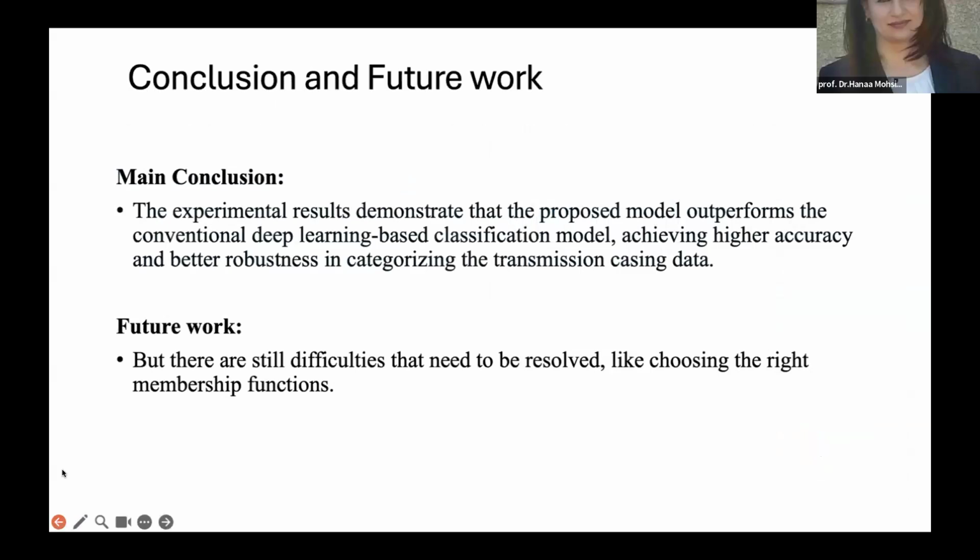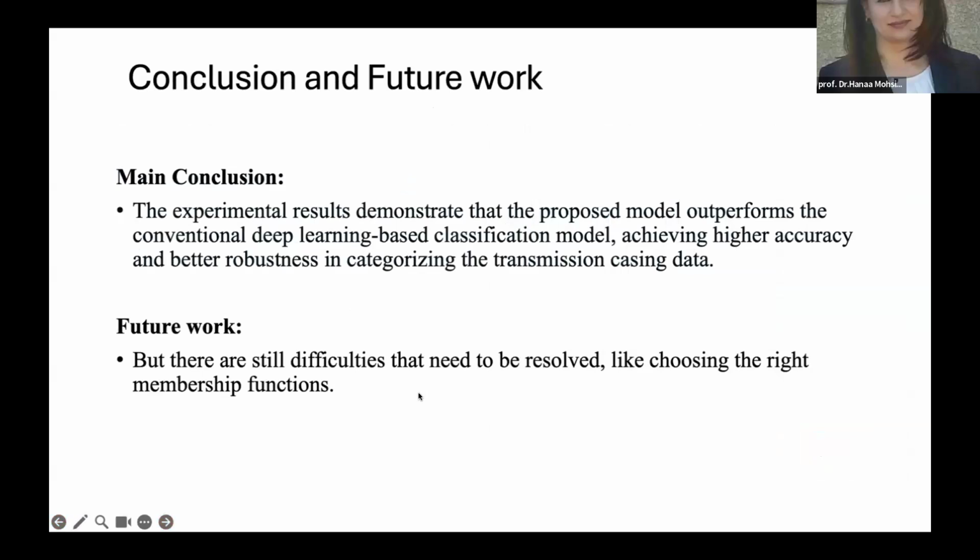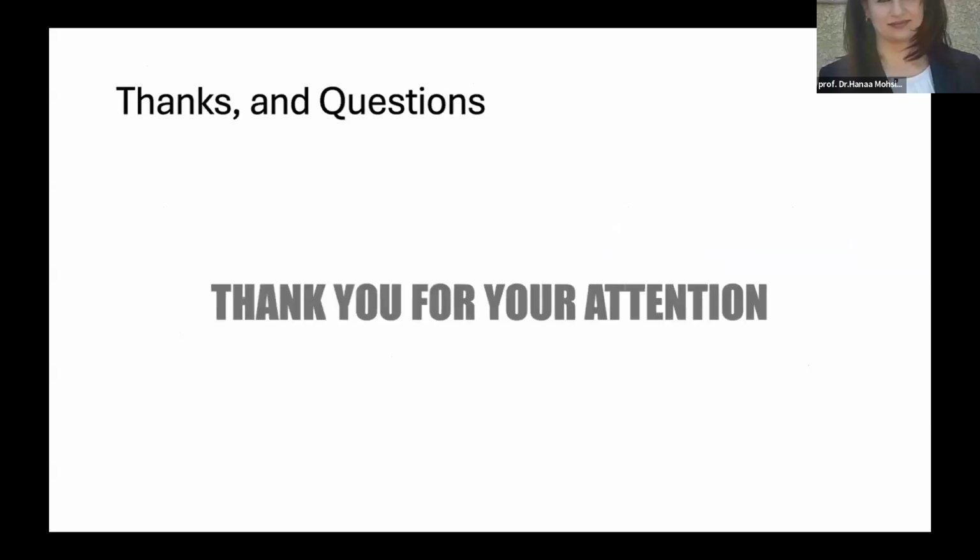Also, we found the error goes to 0. We can conclude mainly that our proposed model can raise the performance, and also we have some limitation or future work, which is how to choose the membership function instead of using the triangular fuzzy set. Thank you for your attention. Any question?